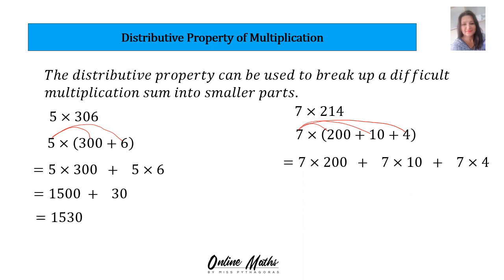There, I did it for you. And then remember, you separate them with the pluses, and then you're going to say 7 times 200 is 1400, 7 times 10 is 70, and 7 times 4 is 28. And when you add all of that, you get 1498.